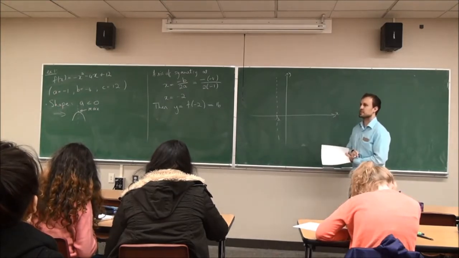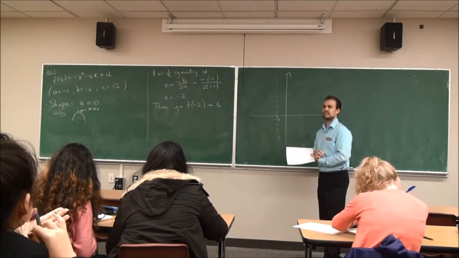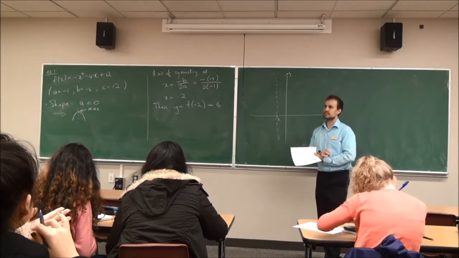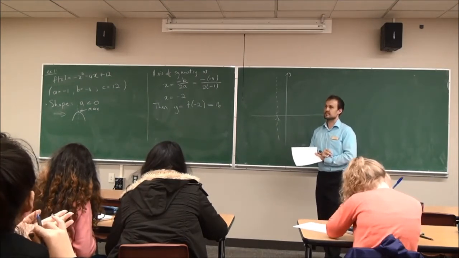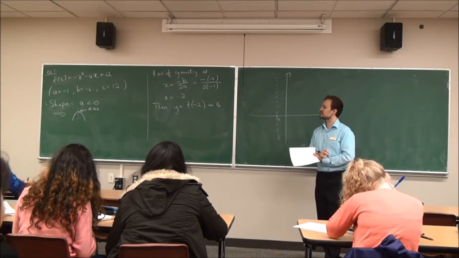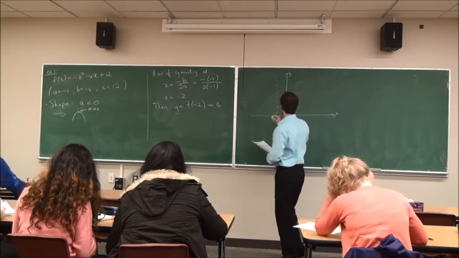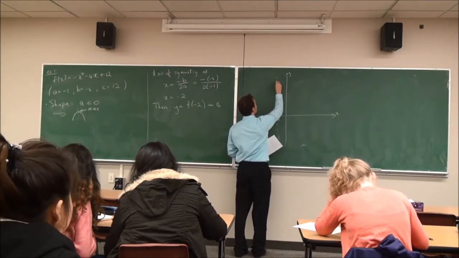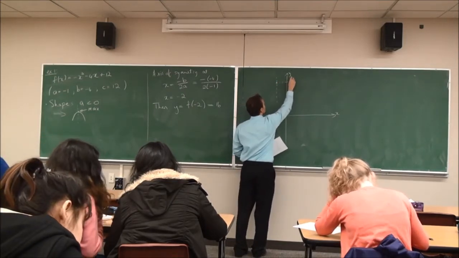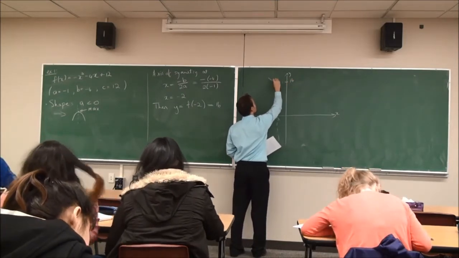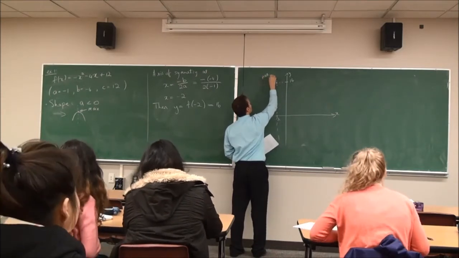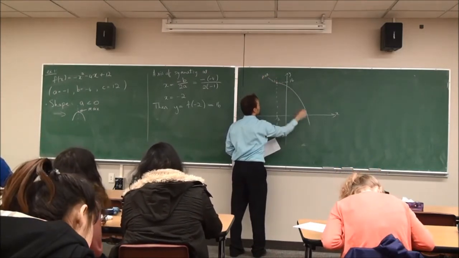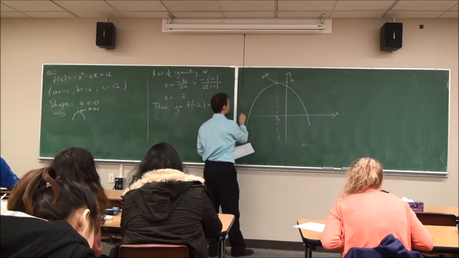Can anyone confirm it is 16? Yes. So when x is equal to negative 2, y is equal to 16. So there's my maximum, and my parabola goes down in some sort of parabola shape.